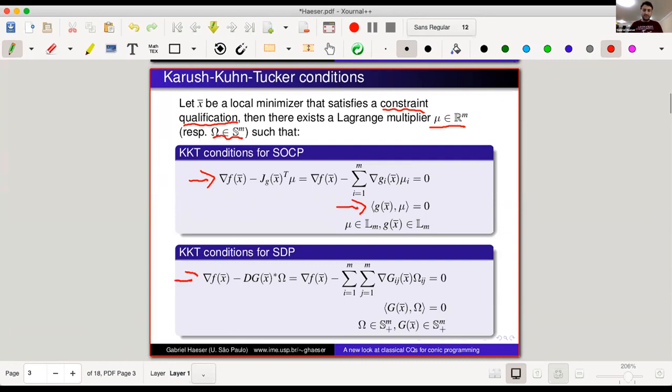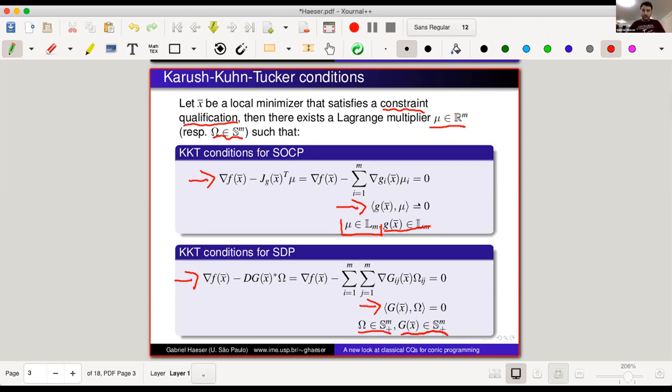For SDP, it's exactly the same, linear combination of the gradients and complementarity. Here, this is the standard inner product for the symmetric matrix space, which gives rise to the Frobenius norm. But it's exactly the same as nonlinear programming also. The difference is that we have dual feasibility: the multiplier must be inside the cone, and primal feasibility, also for the SDP.